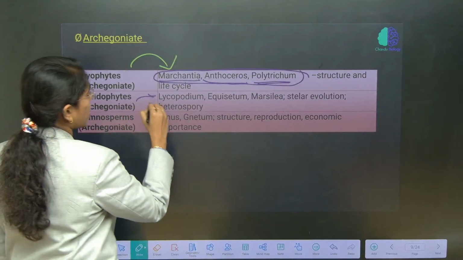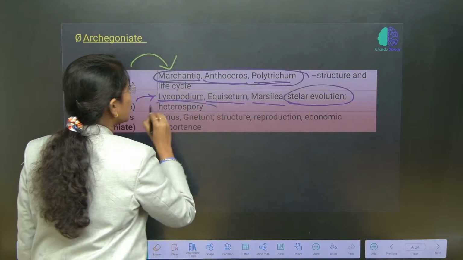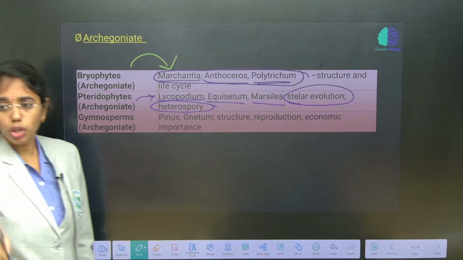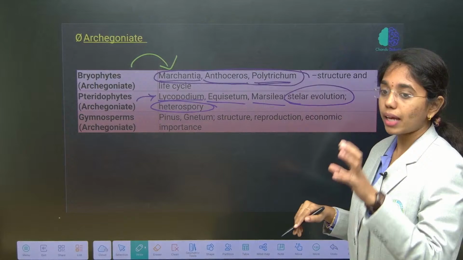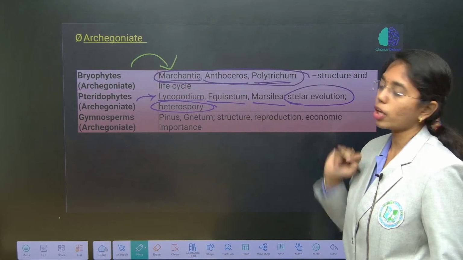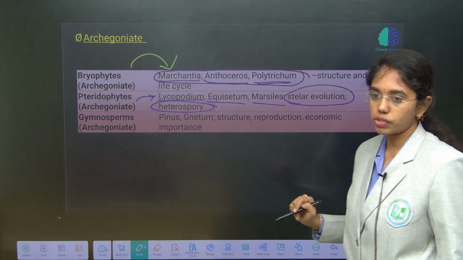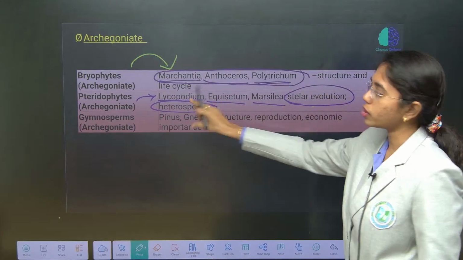Next, pteridophytes: Lycopodium, Equisetum, Marsilea. Most importantly, stellar evolution and heterospory. Most of the time you get questions on stellar evolution and heterospory because they are the marked evolutionary phases in the pteridophytic division. Heterospory is the first condition where you see it in this division, right? So these are most important, you can say the hotspots.